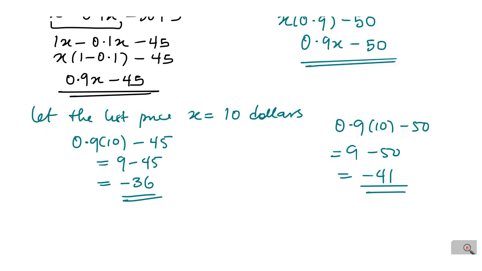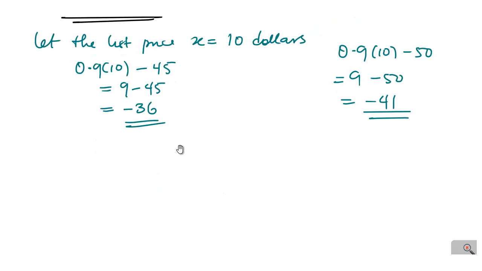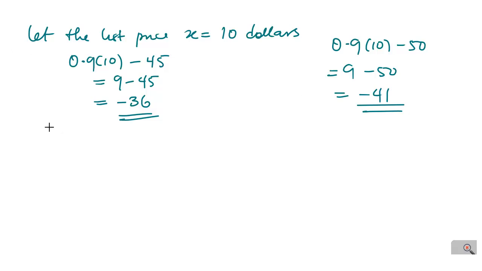Okay, let's choose a bigger number so that we won't be distracted by the negatives. Let x, which is the list price, be 100. So 0.9 into bracket 100 minus 45.